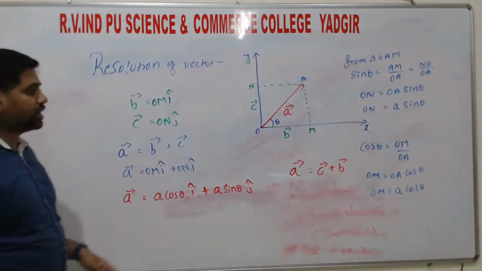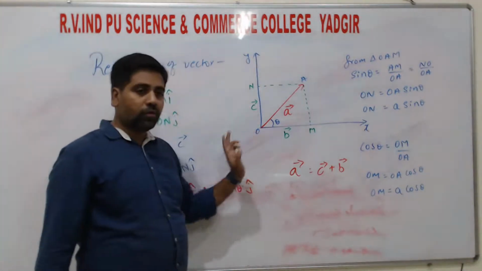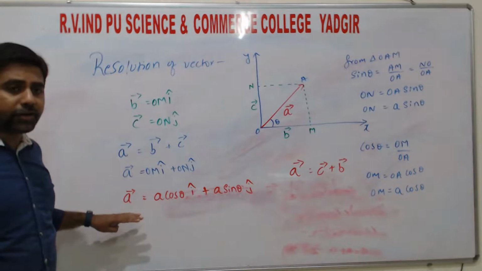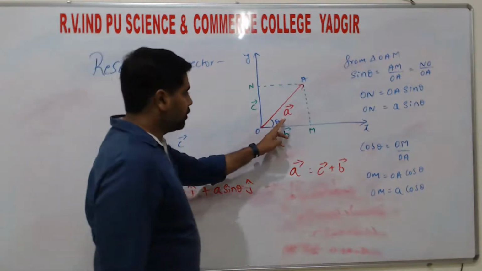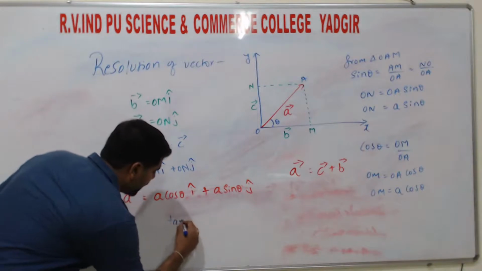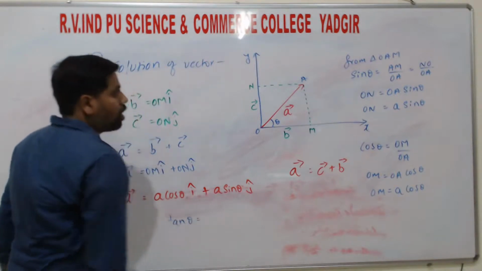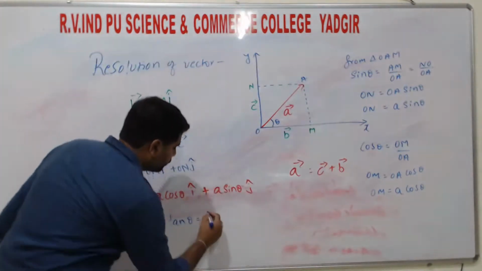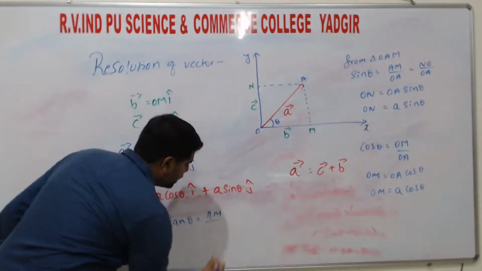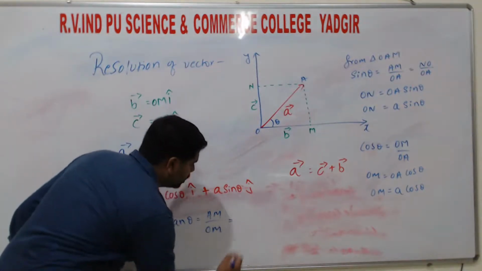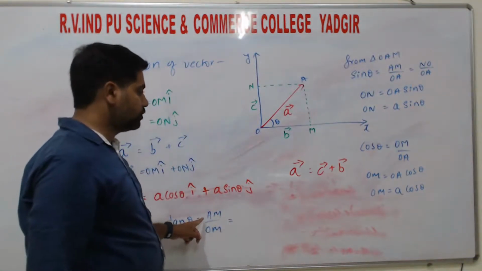Now the direction angle theta. This gives the magnitude and we want the direction, that is tan theta is equal to opposite side by adjacent side. So the opposite side is AM, that can be written as ON divided by OM. So AM is what?